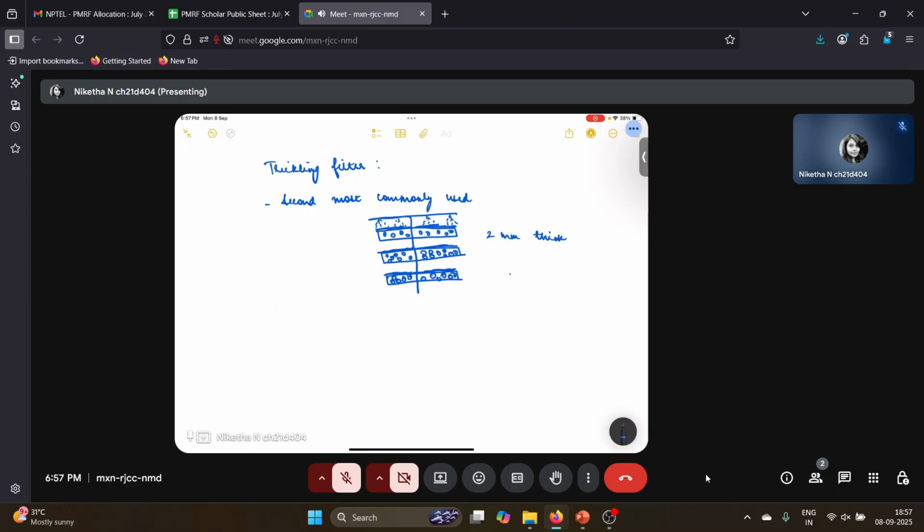So if this is your packing material, and over this we have the slime layer, at the bottom of the slime layer, anaerobic conditions will develop.